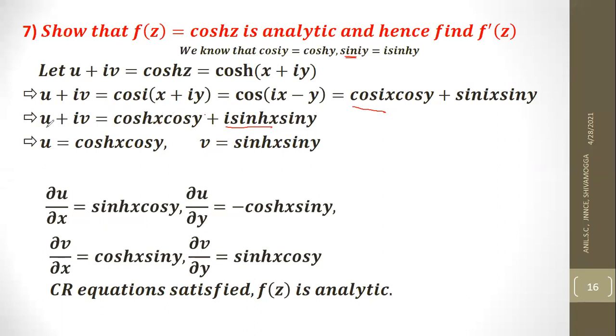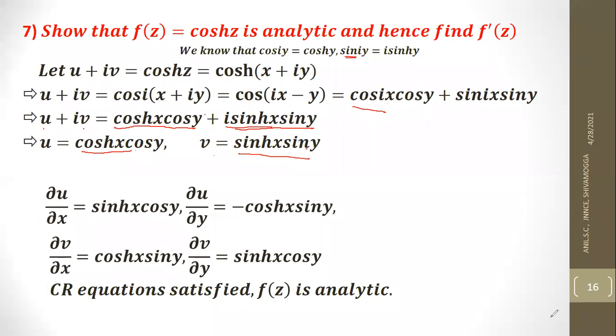Therefore, real part on the left hand side is u, and real part on the right hand side is cos hx into cos y. It is equated. Now let's equate the imaginary part. Imaginary part on the left hand side is v, and imaginary part on the right hand side is sin hx into sin y. This is the real part and this is the imaginary part.